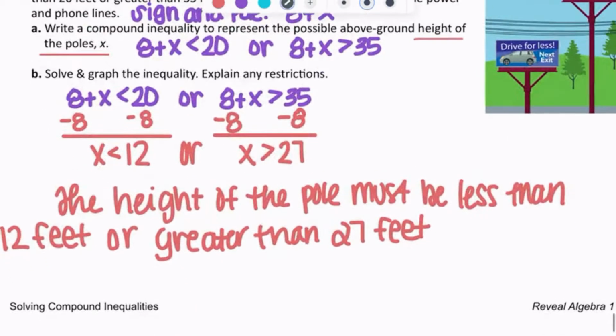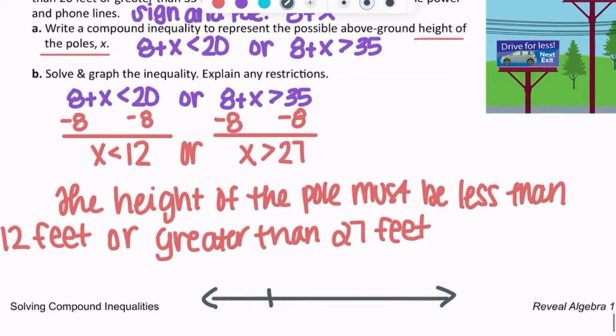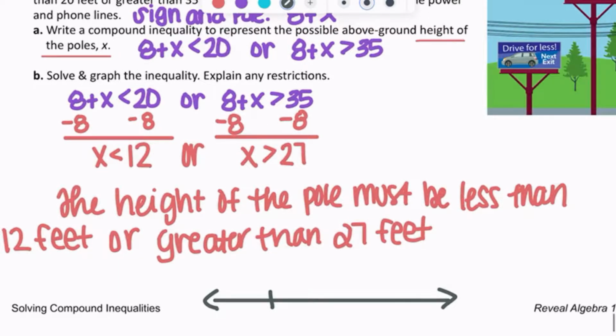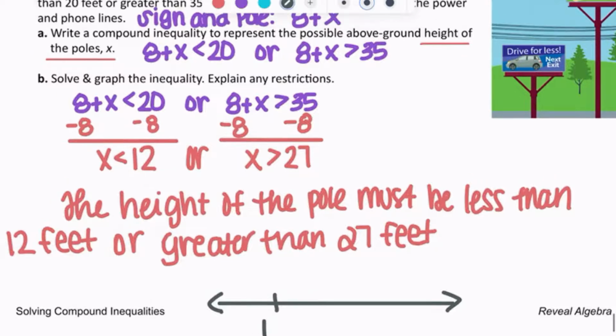And if we graph that on a number line, it's not equal to, it says, or, it didn't say that. So less than 12, open circle, going down, greater than 27, open circle, going up. Just like that.